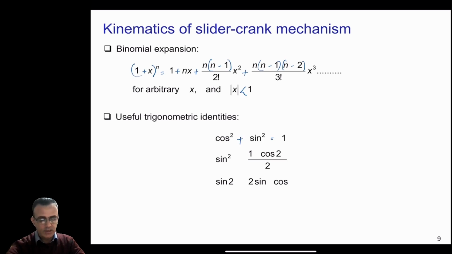So we have these equations here: cos squared theta plus sine squared theta equals 1, and sine squared theta equals (1 - cos 2 theta) divided by 2, and sine 2 theta is equal to 2 sine theta cos theta. We will be using these equations when we discuss the kinematics of the slider crank.